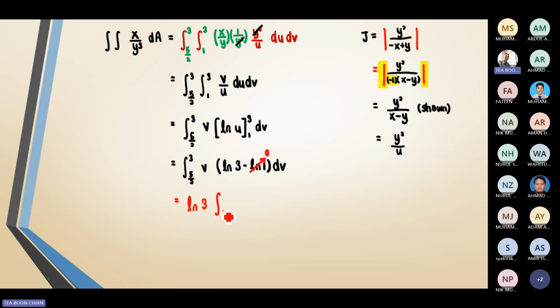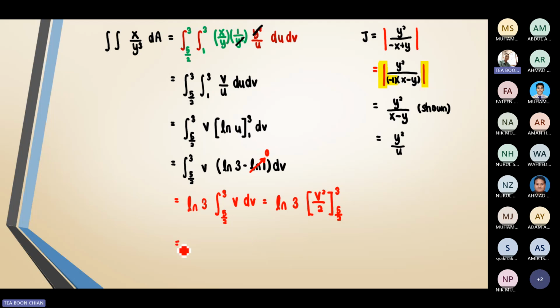Now finally integrate from 5/2 to 3. V with respect to v should be simple. This is just a normal power rule integration. V squared over 2. Substituting upper limit 3 and lower limit 5/2.